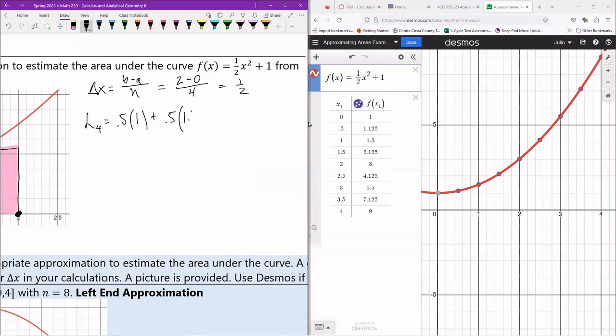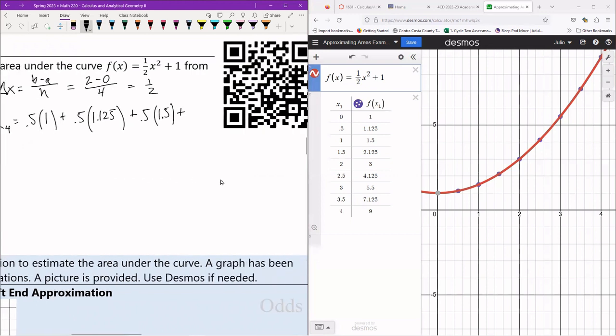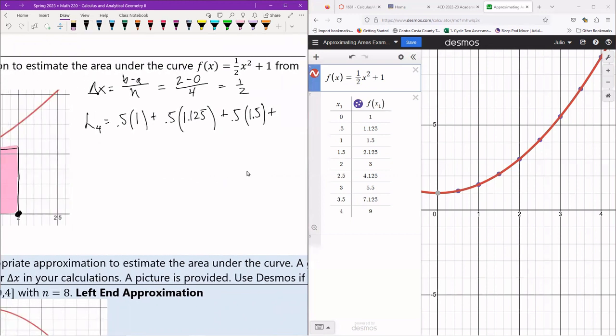So it's going to be 1.125 plus 0.5 times the one at 1, which is 1.5, plus, and now I have to scooch this over. Actually, let me just go ahead and go below it. Plus 0.5 times the one at 1.5, whoops, almost lost track of myself there, 2.125, right? So there's our 4 rectangles, right?